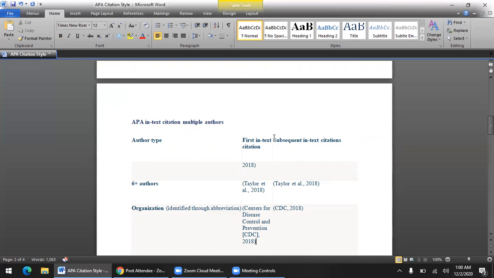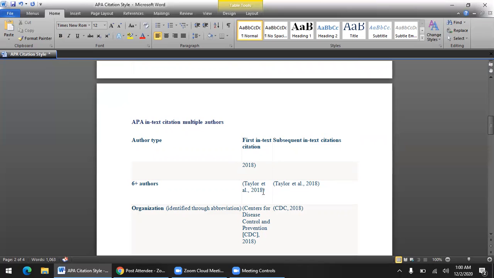In the subsequent citation, just write Taylor et al. followed by a period and a comma, 2018, in parentheses. This is the simple way to cite the work of other people in in-text citations.